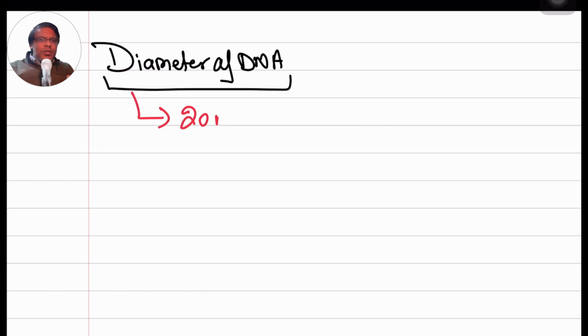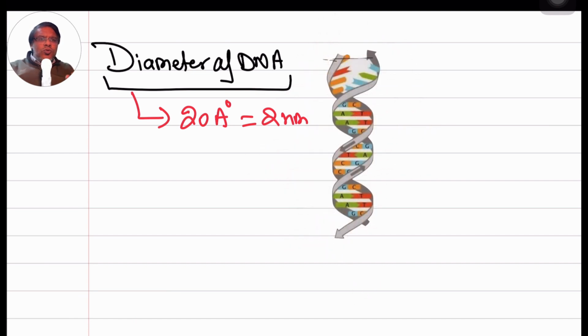Now we are going to discuss some details related to the structure of DNA. First, keep in mind the diameter of DNA is 20 angstrom, which is equal to 2 nanometer.